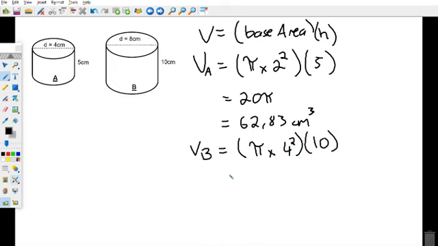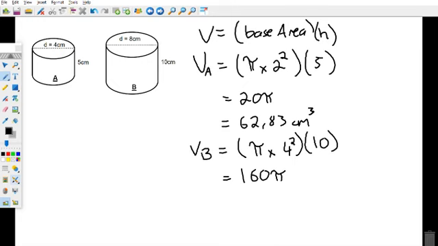So what's that going to be now? 4 squared is 16, so 160 pi. So we've got 160 pi for B.